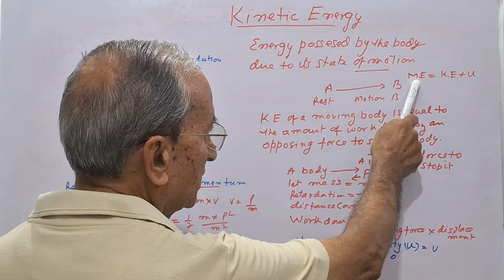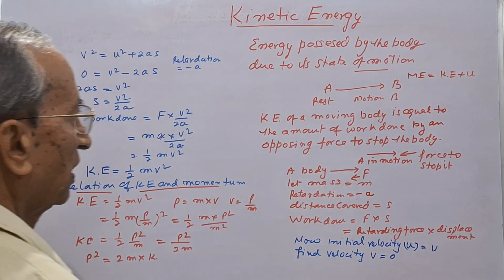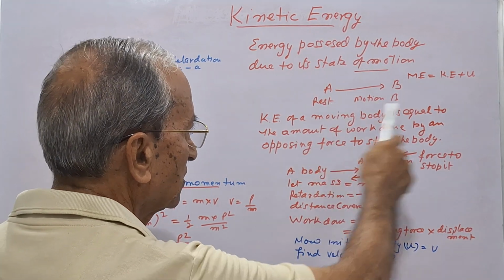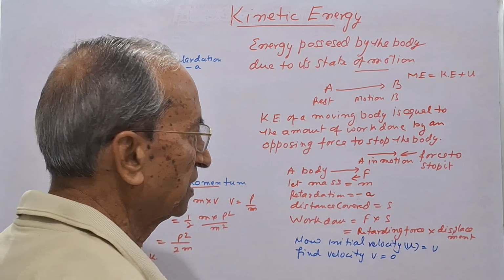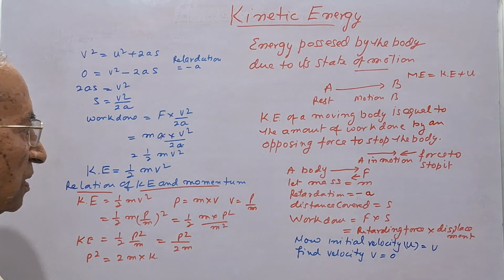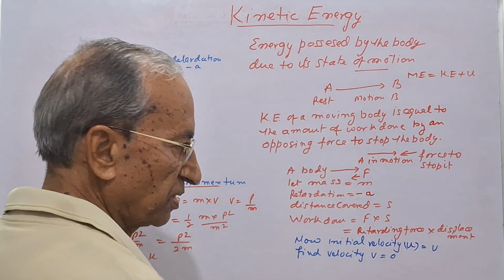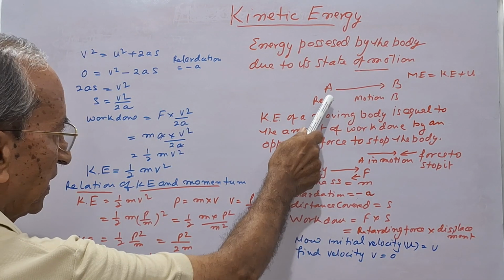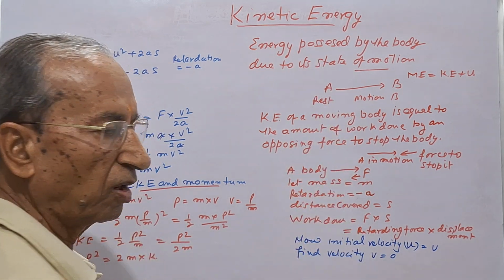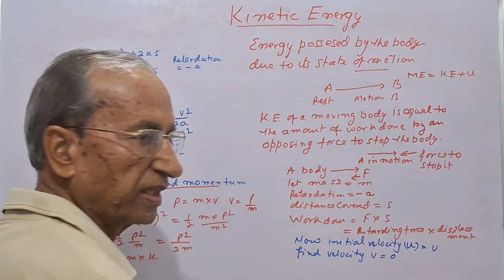You know, mechanical energy is the sum of the kinetic energy plus potential energy. Now suppose object A is at rest, and when it is thrown to cover some distance, then this object comes into motion. Note that when the object was at rest, there was a hidden energy, the stored energy, that is the potential energy.